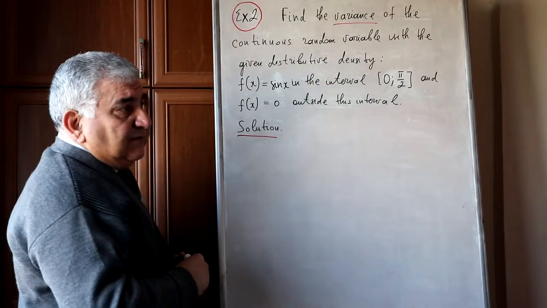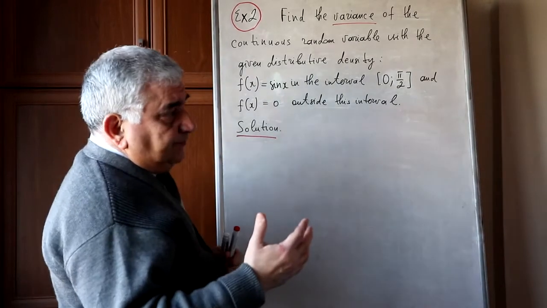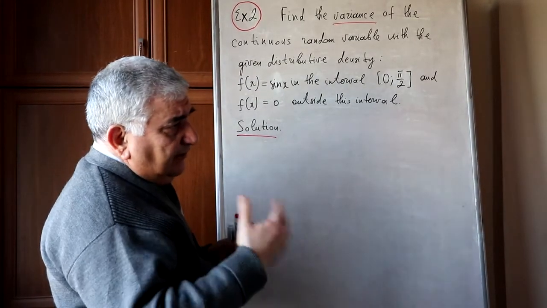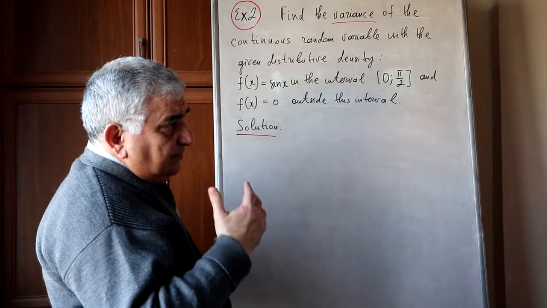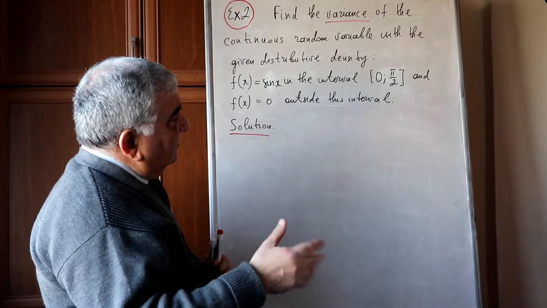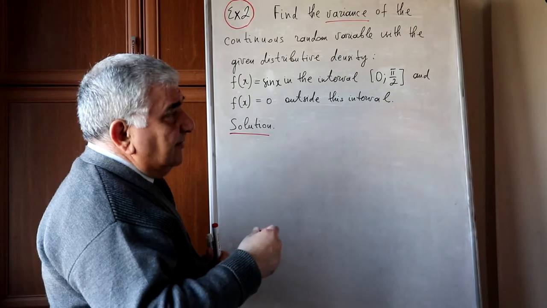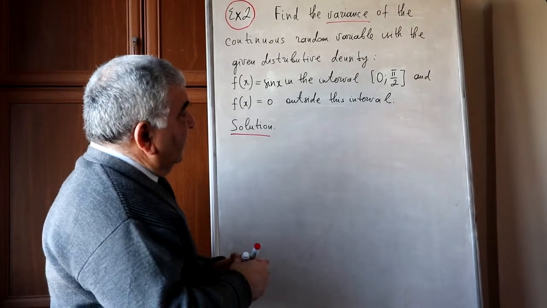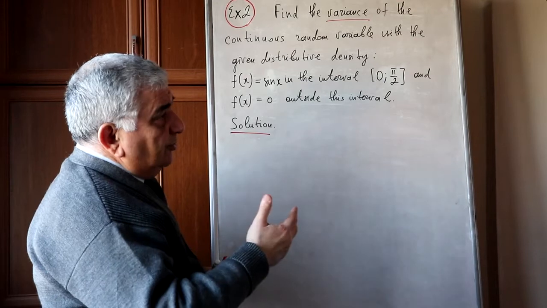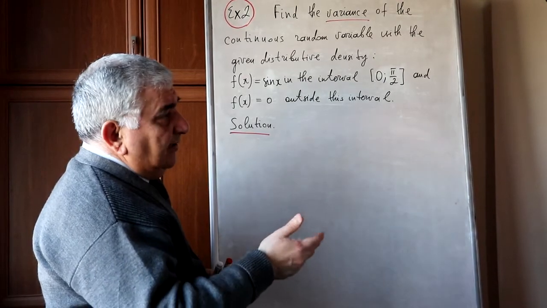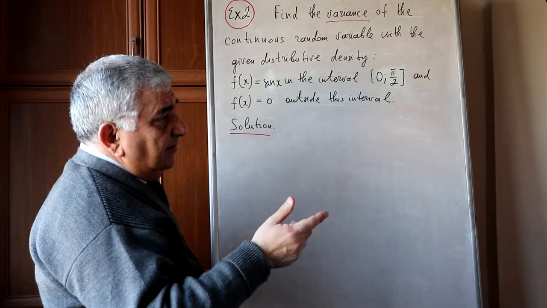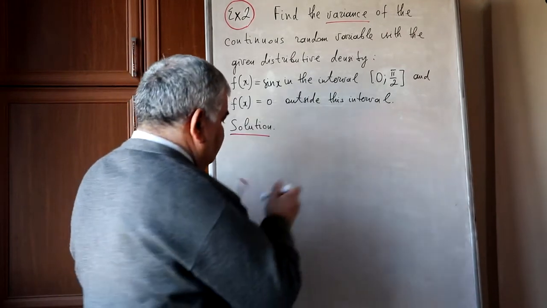According to the condition, we can separate the infinite interval from minus to plus infinity into 3 intervals. From minus infinity to 0, from 0 to pi in half, and from pi in half to plus infinity.